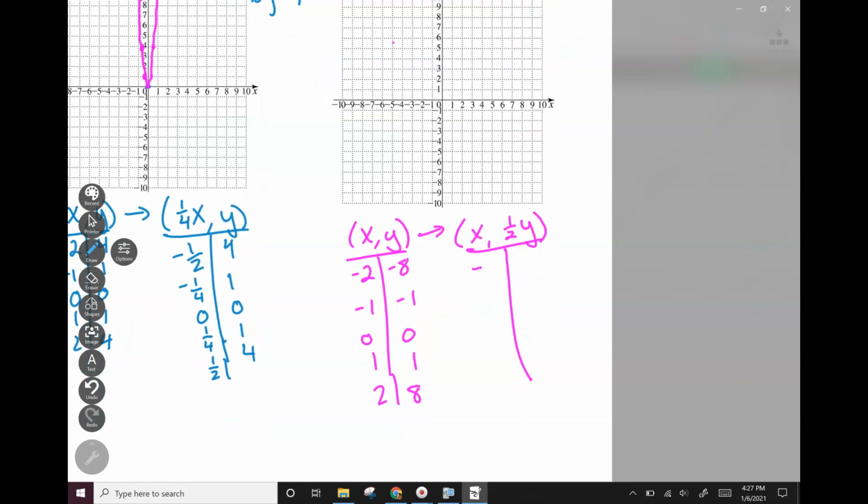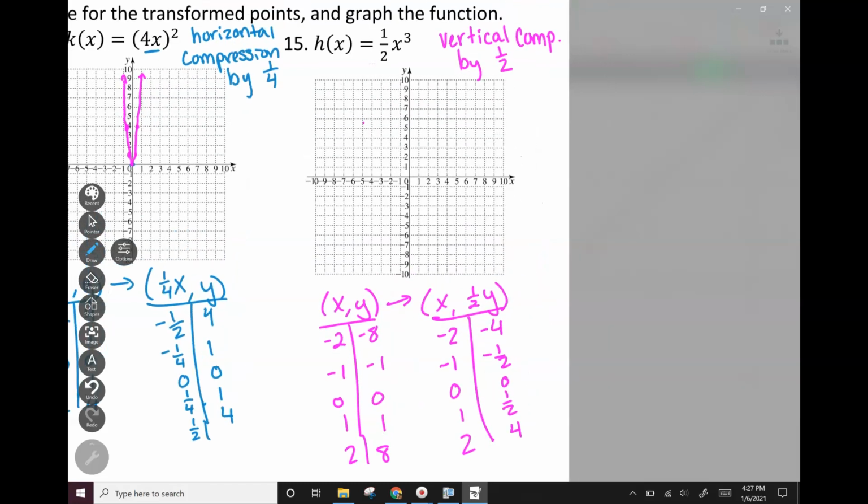So the x values don't change. The y values get multiplied by 1/2. Or, like I said earlier, you can sketch the parent function if you'd rather do that, and then perform the transformations.